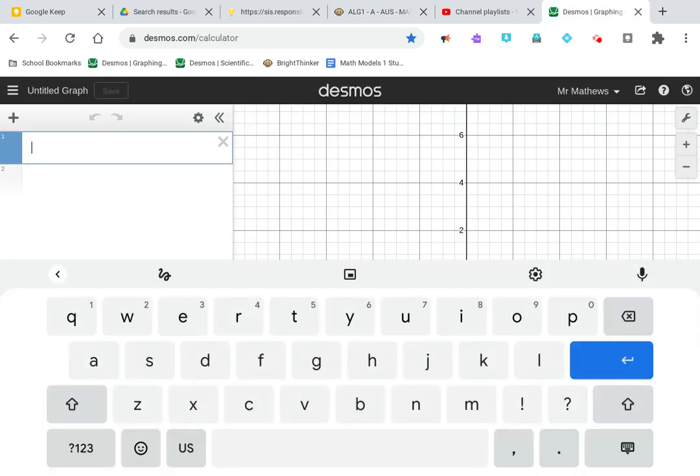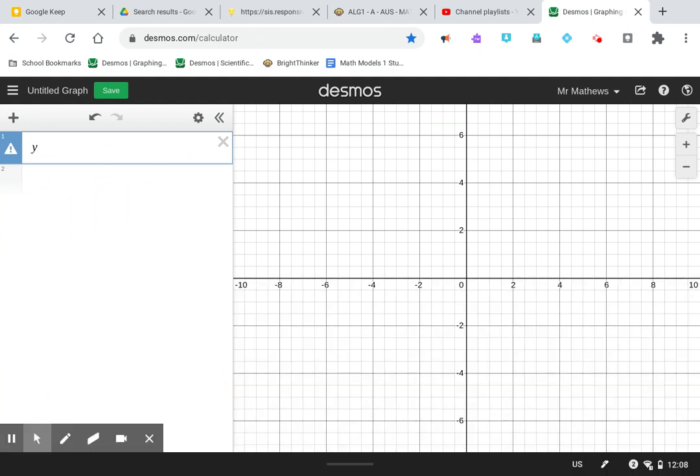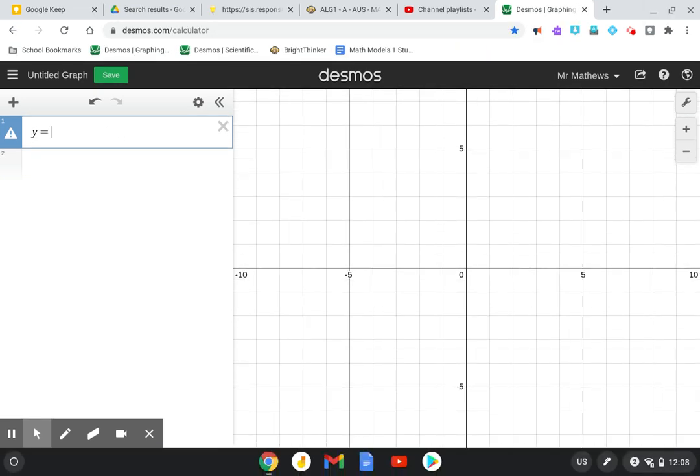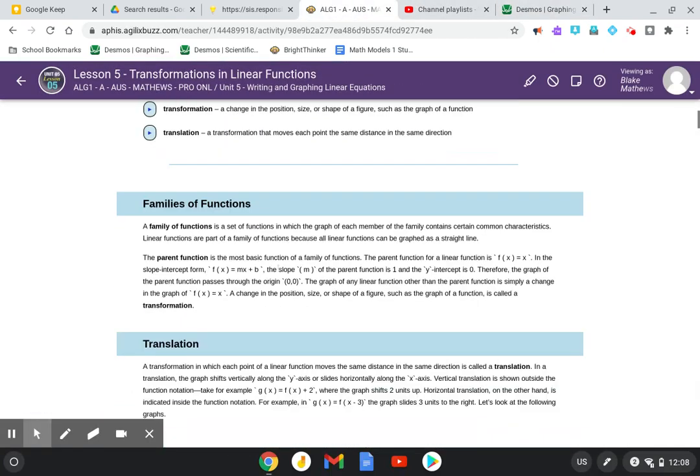For linear functions, we have the function y equals x. So this is the most basic function, the parent function, for linear functions.